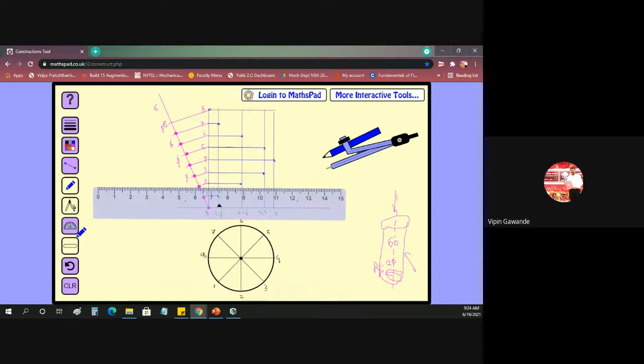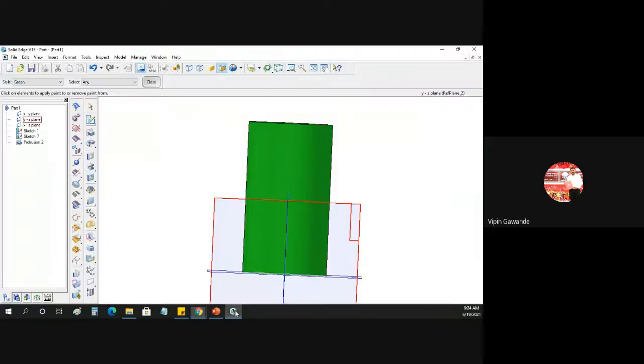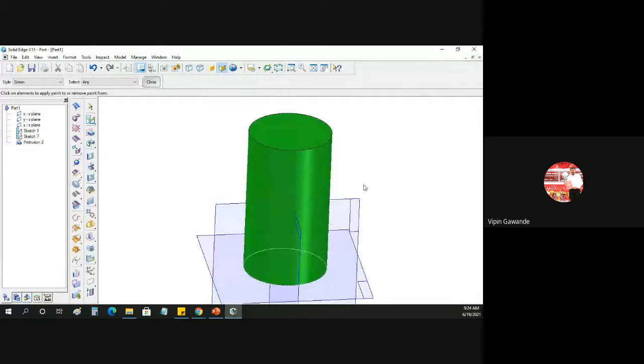Now in this, the helix. Imagine that you are the observer. Observer means you are standing here, at point 2. Always the observer will be here. If you see here, this is your cylinder.